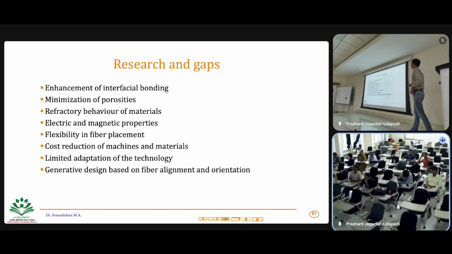As an example, as I mentioned, the interfacial bonding between the layers is still challenging, right? How can we enhance it? And a lot of porosities, I think you saw in that one video, a very close look, you might have seen a lot of porosities are created during printing, and it is even more if you add any other material, for example metals.